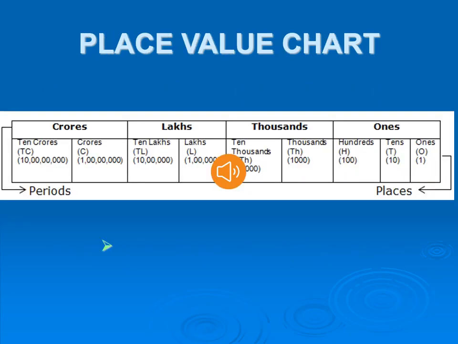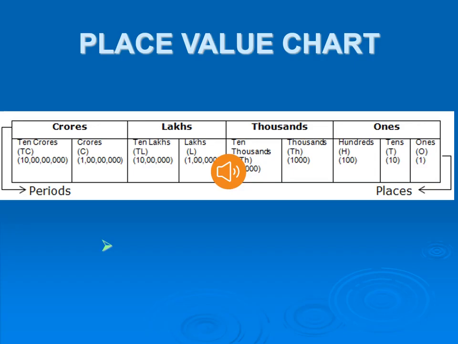We can learn the place value chart for the Indian system of numeration easily by considering that this system has different families, and each family has some members. The first family has 3 members and the rest of the families have 2 members only.